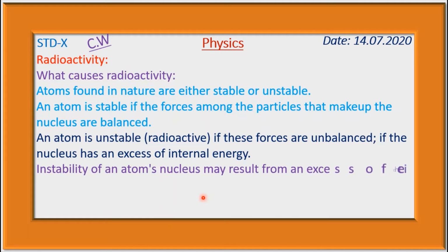Instability of an atom's nucleus may result from an excess of either neutrons or protons. We know there are a certain number of protons and a certain number of neutrons in a particular nucleus. If the number of protons and number of neutrons are unbalanced, then this type of nucleus is an unstable nucleus.